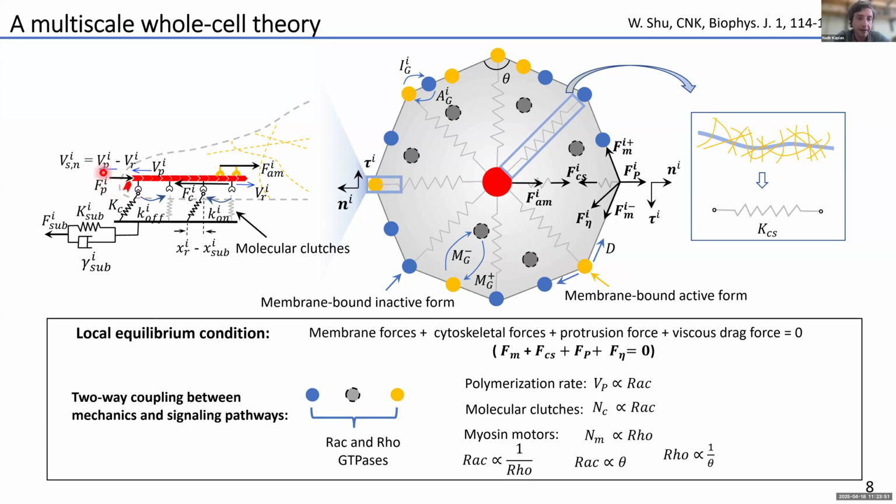Of course, in the meantime, this structure interacts with the underlying matrix through focal adhesion points, which are represented by a motor clutch model. Here you see these tiny springs that can form and dissociate with given rates like K on and K off. They transmit forces as soon as they are bound, but they can also detach as a function of the forces.